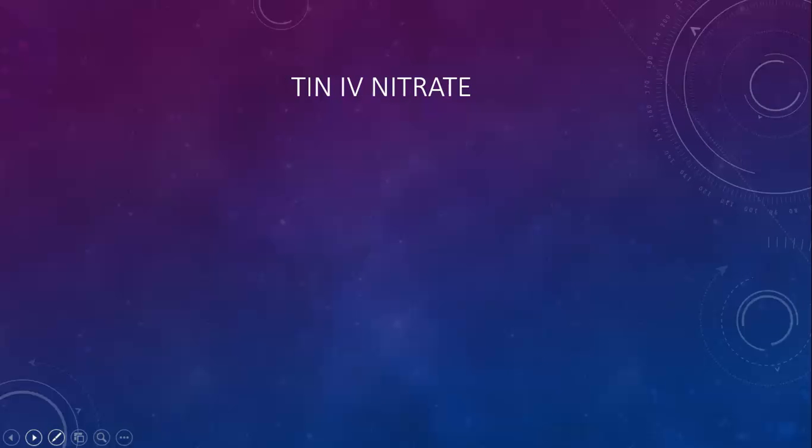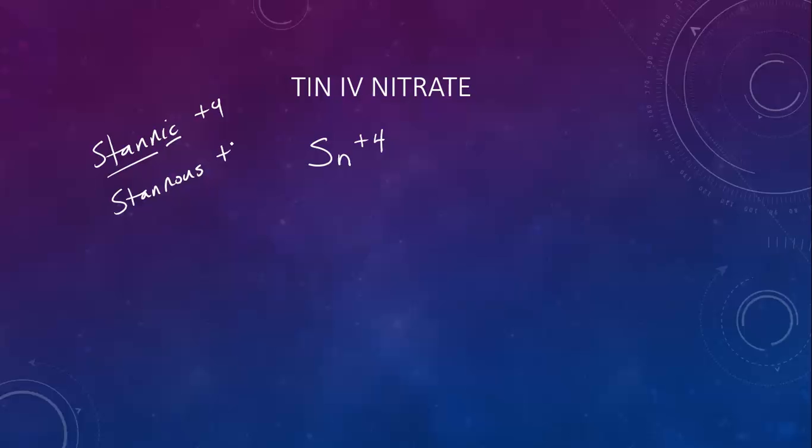How about this one? Tin 4 nitrate. Sn is +4. By the way, we would call it stannic because it has the higher of the 2 charges, and stannum is the Latin name for tin. Stannous would be +2.